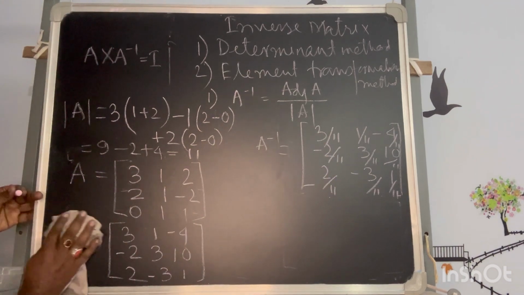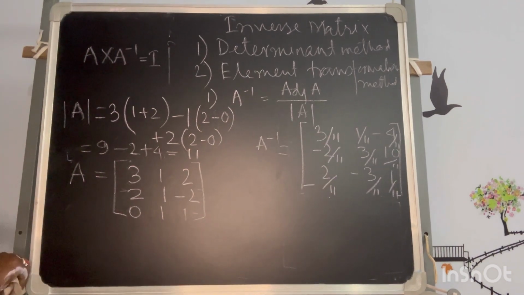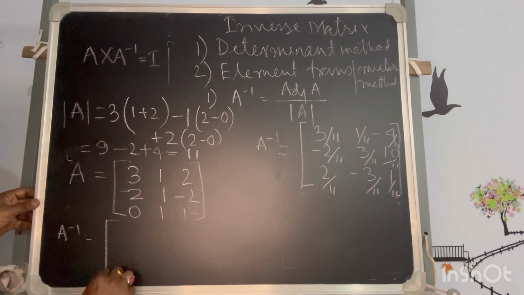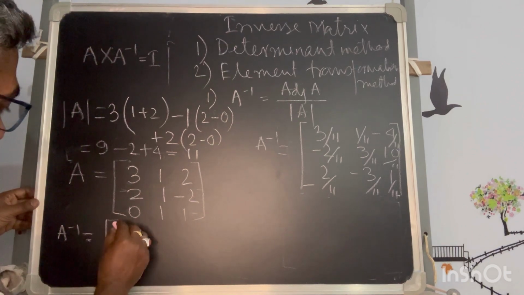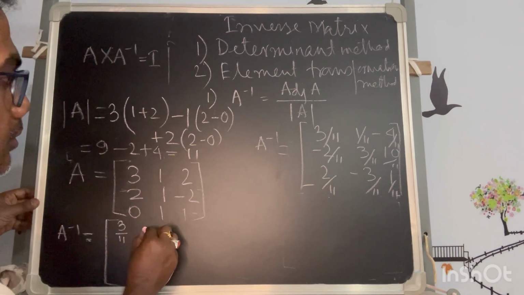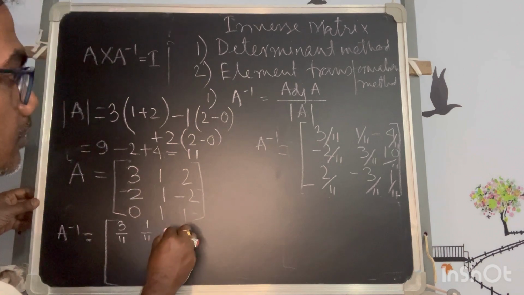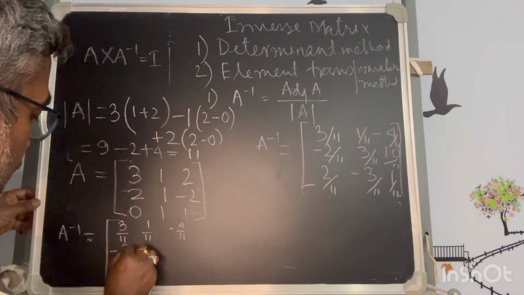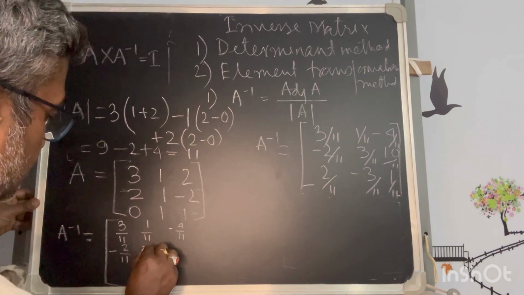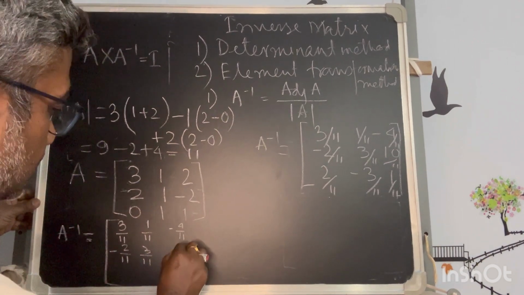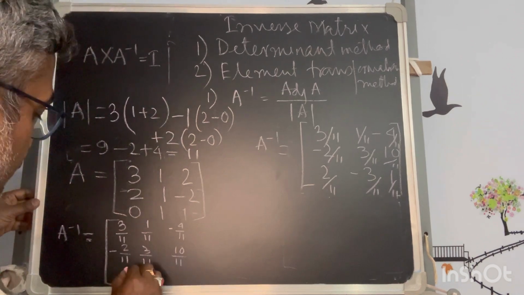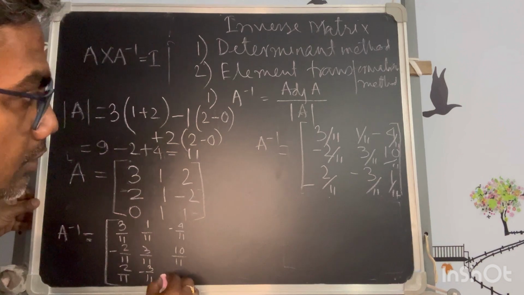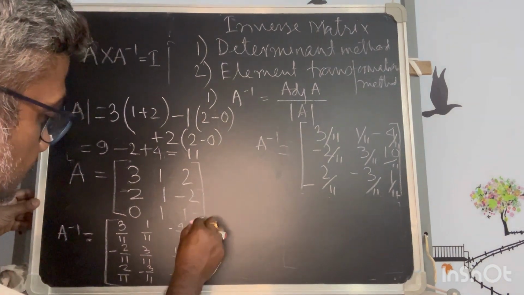So I will rub it for the time being and I will write the inverse here in the form of 3 by 11, 1 by 11, minus 4 by 11, minus 2 by 11, 3 by 11, 10 by 11, 2 by 11, minus 3 by 11 and 1 by 11. Okay, so this is the other matrix.